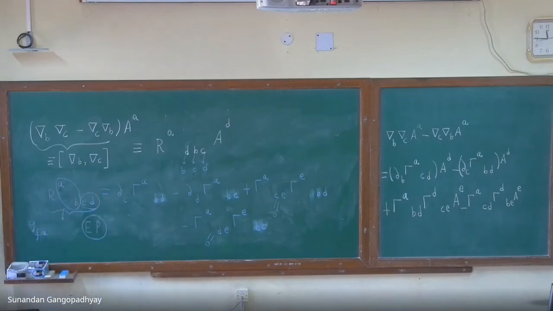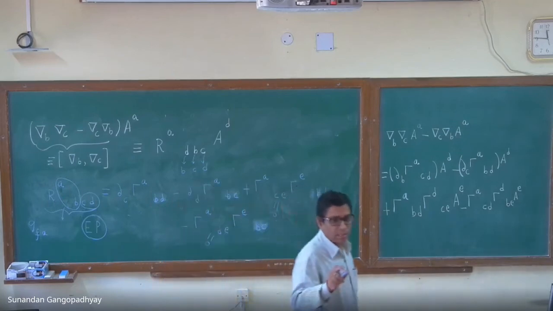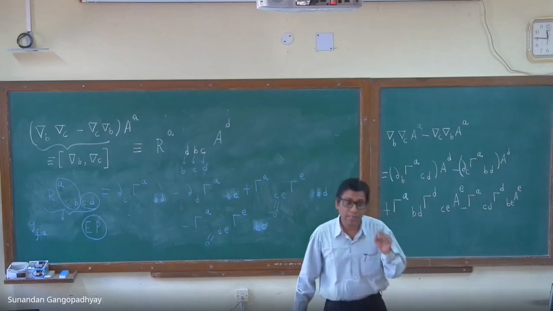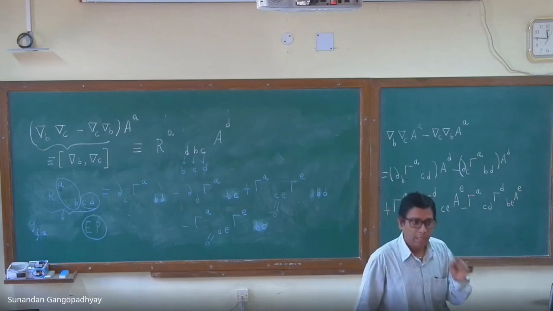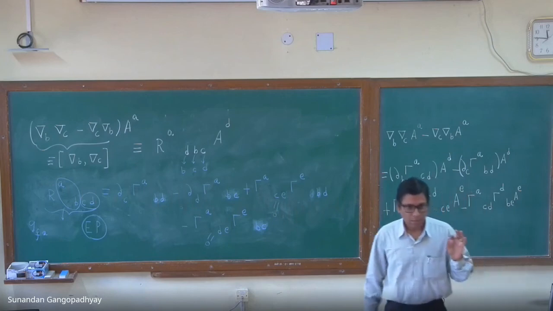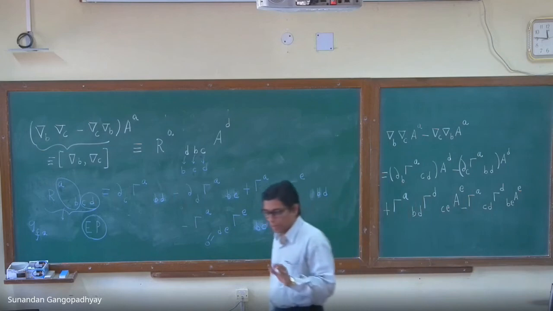A basic result of differential geometry states that normal coordinates at a point exist on a manifold with a symmetric affine connection. Only if the manifold has a symmetric affine connection do normal coordinates exist at any point. This is a basic result of differential geometry.